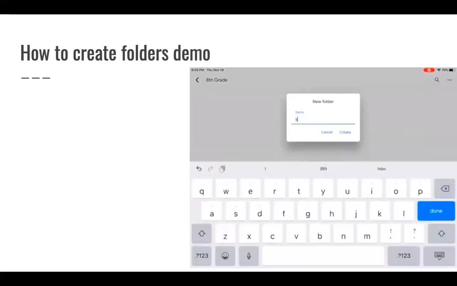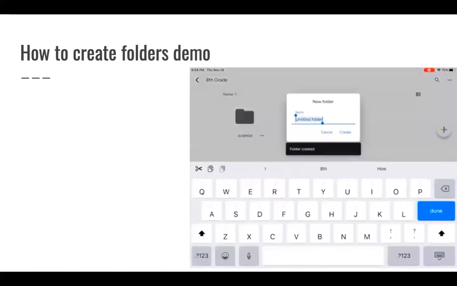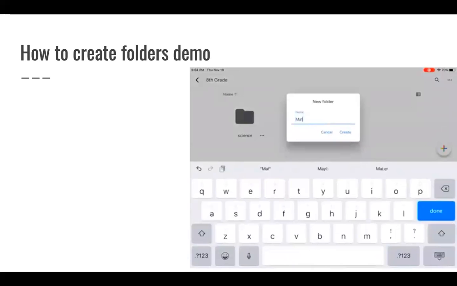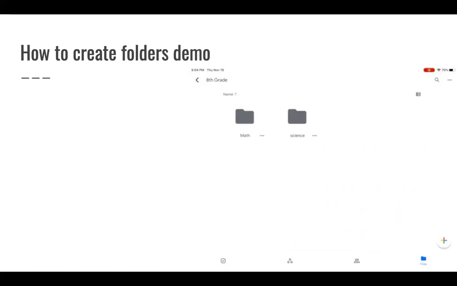So here I'm going to title this one Science, and then I want another one for Math, and another one for LA, another one for Social Studies, another one for Art, etc. So that's how you make a folder and a folder within a folder.